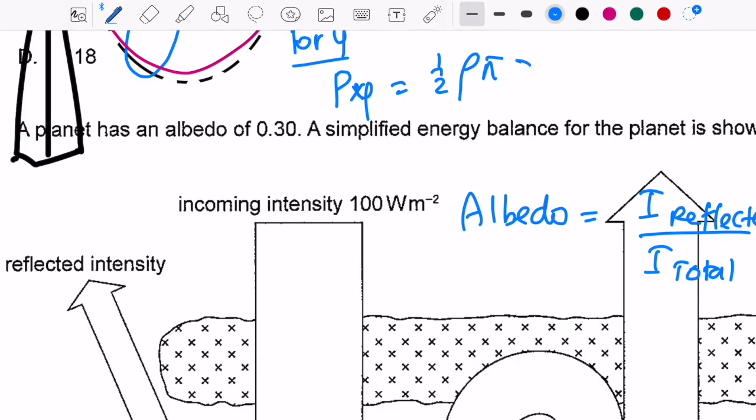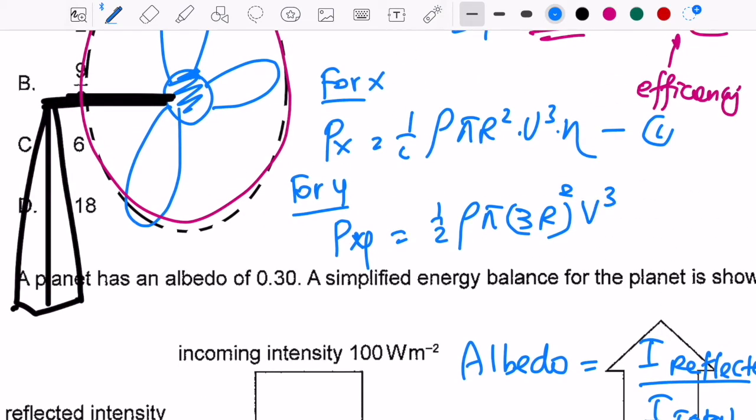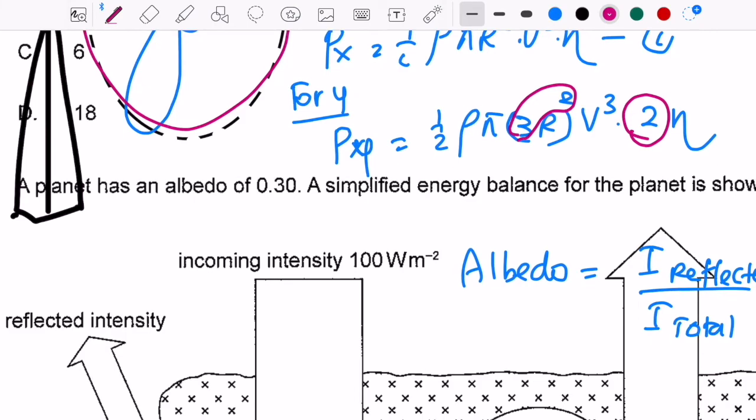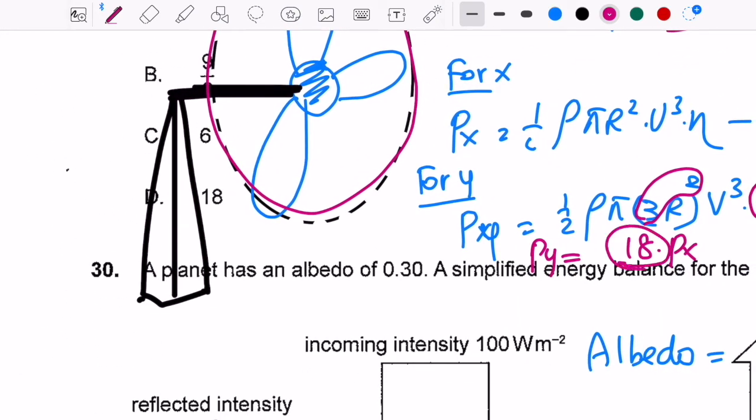So 3r squared, v to the power of 3. Efficiency is also twice. If you look at this, 3 squared times 2 gives 18 times Px is Py. So Py over Px, they ask, must be 18. Answer should be D.